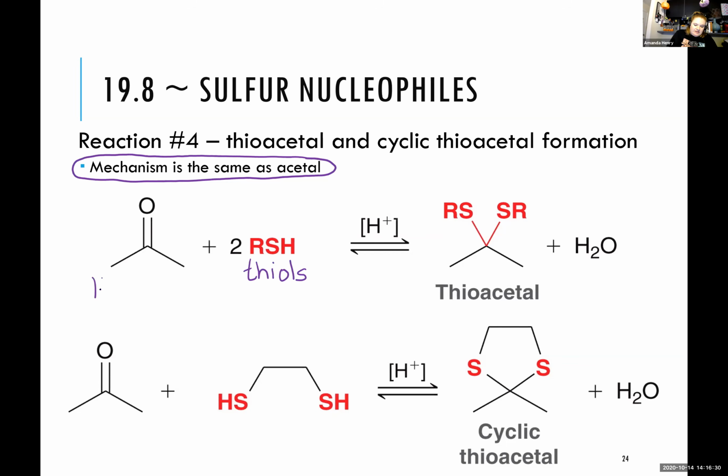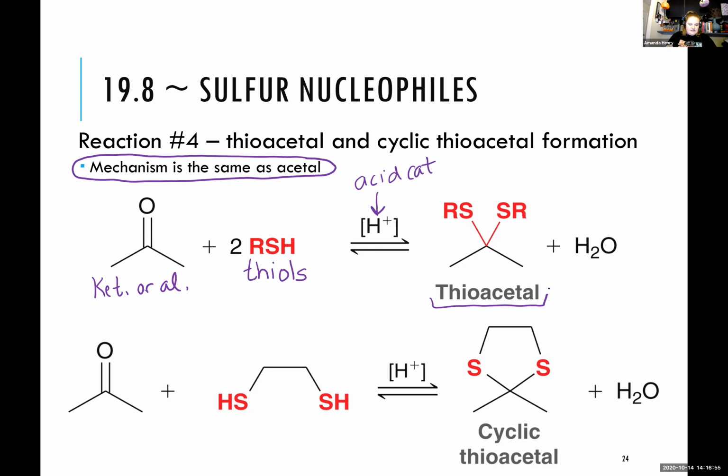Again, we can start this with a ketone or an aldehyde. Either one will give us the same results. We're going to use an acid catalyst, and we make a thioacetal. We've definitely talked about that prefix thio before, and it might have popped up in your biology classes, but it means sulfur. I'm sure there's some Latin meaning behind it.